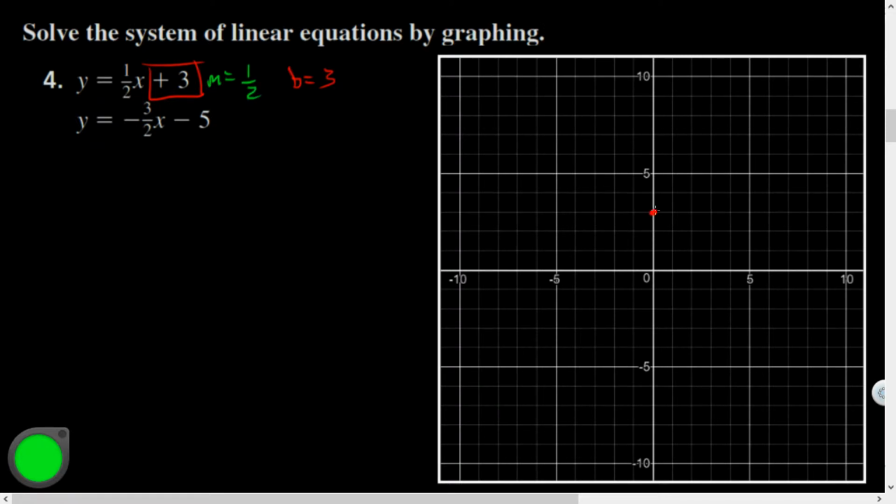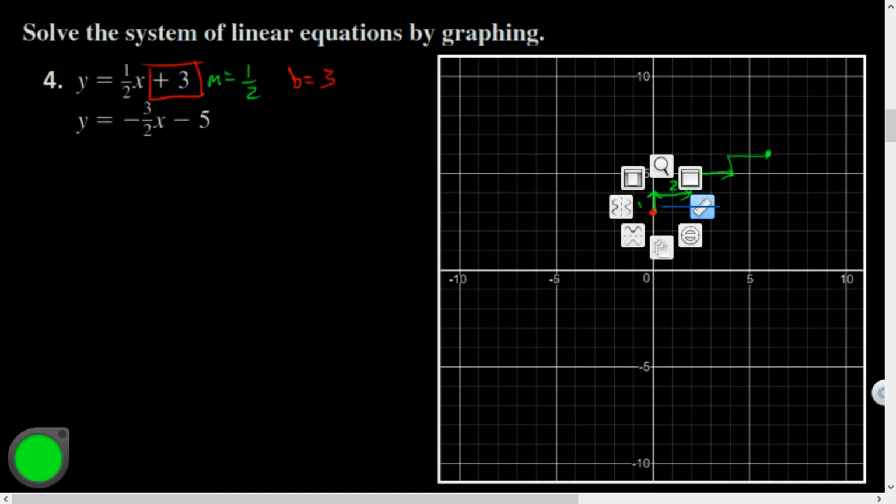So how do I move by 1/2? Up 1/2, right? Rise over run, our slope is always rise over run. So up 1/2, up 1/2. So here's some points. I'm going to draw the blue line. Oh, I just accidentally did symmetry.